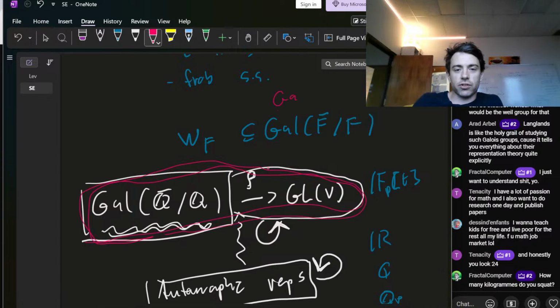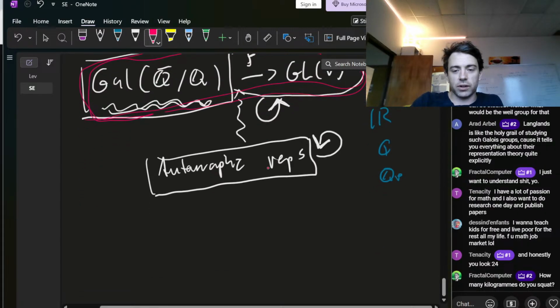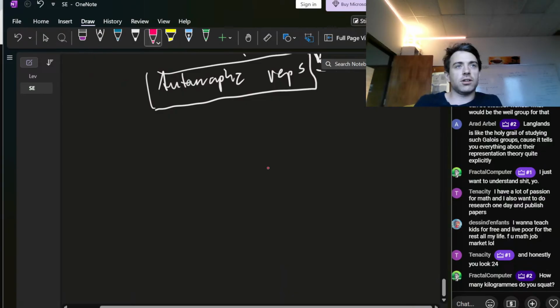This is over local fields where we have a much better understanding of the Galois group. This is Gal Q_p bar over Q_p, if F is Q_p, for example. So the V group is formed. I hope I don't say anything wrong, but it's something like this.